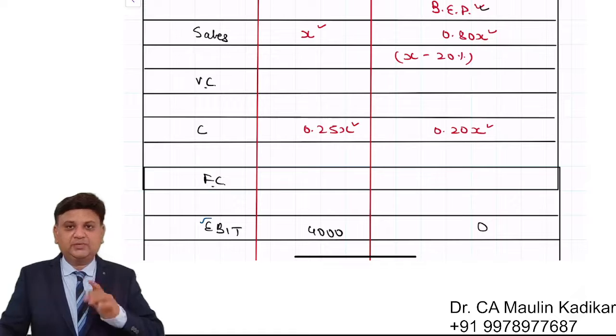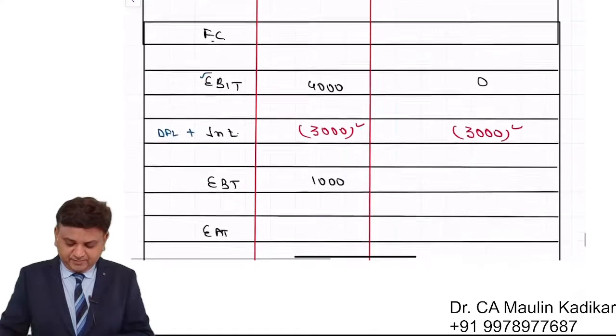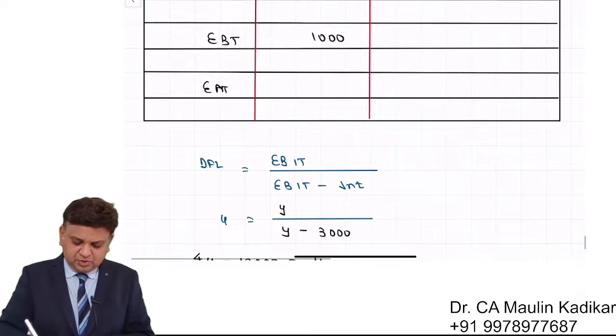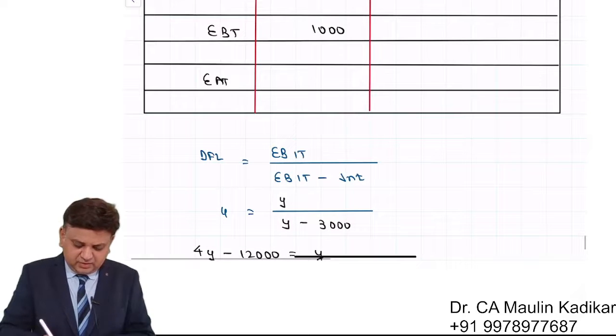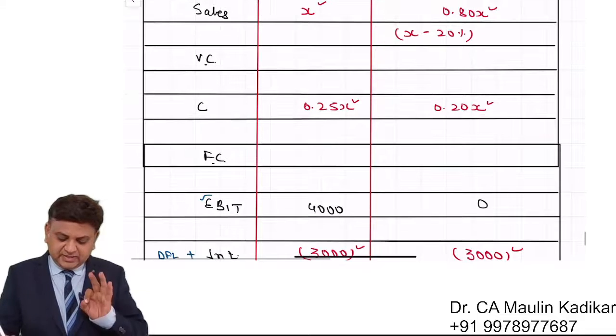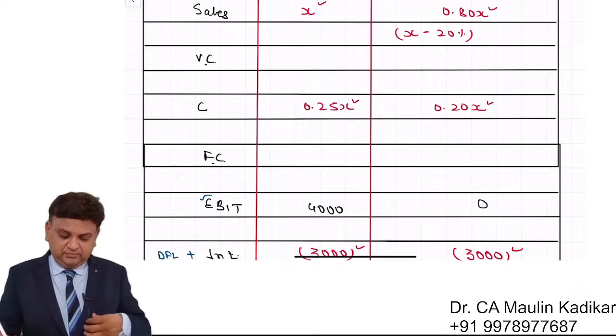Now the important point of the question starts. Income tax rate is 45%, so earning after taxes will be 55%, that is 550. Now understand carefully what I am going to speak.